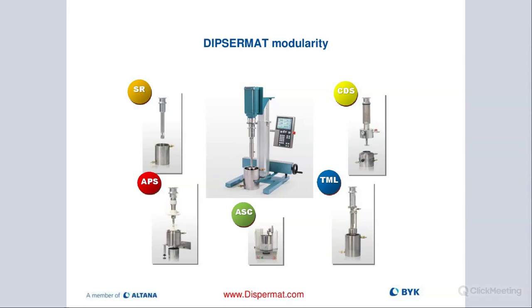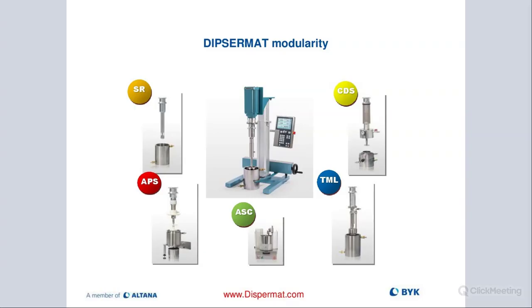So what you're looking at right here is basically the Dispermat CA, standard laboratory scale model with the quick change system, like a bayonet style, allowing you to also attach either an SR rotor stator, APS vertical bead mill or a pot mill, a CDS vacuum system.